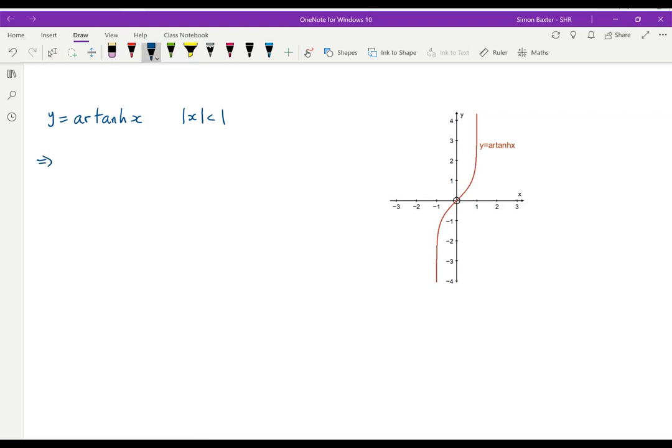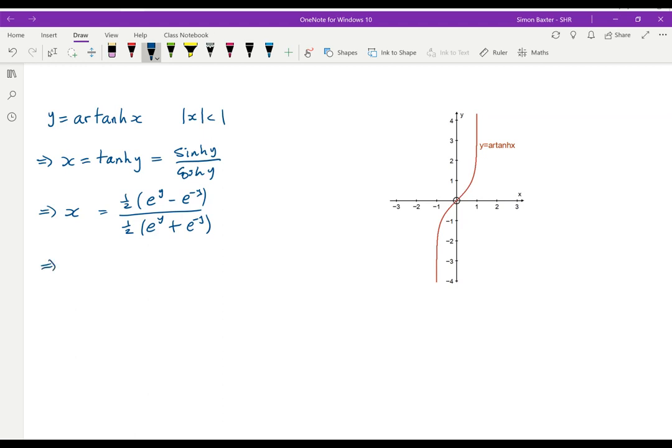We get that x is equal to tanh y, and that is sinh y over cosh y. Putting the formula in for sinh and cosh, we get a half e to the y minus e to the minus y, all over a half e to the y plus e to the minus y.